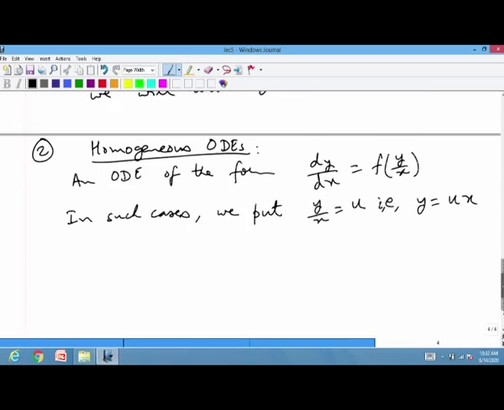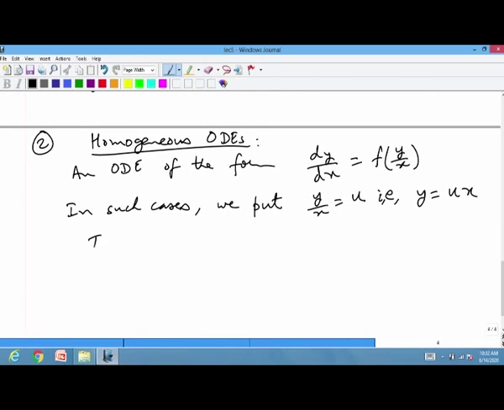So, if y is equal to u x, then what is dy dx? dy dx will be equal to u plus x du dx.